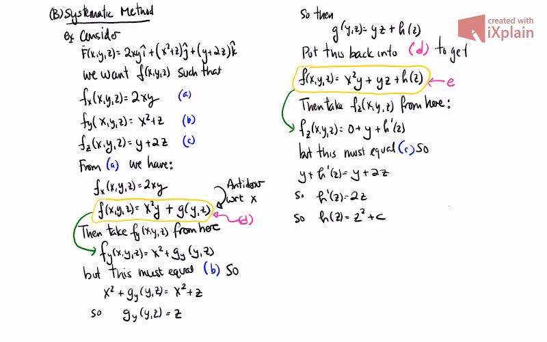So we put this back into e, which we made pink, and what we get there is f of x, y, z is x squared y plus yz plus h, which is z squared, plus c.